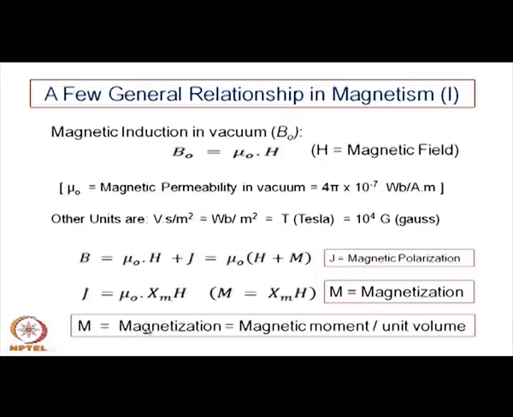M, as I mentioned just now, is magnetization, in other words magnetic moment per unit volume. So, this is also a kind of relationship between magnetic moment and the magnetization.